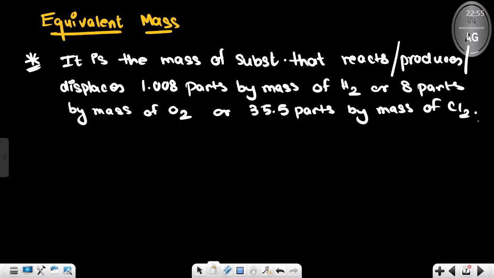Okay, so this is the basic idea of what exactly equivalent mass is.